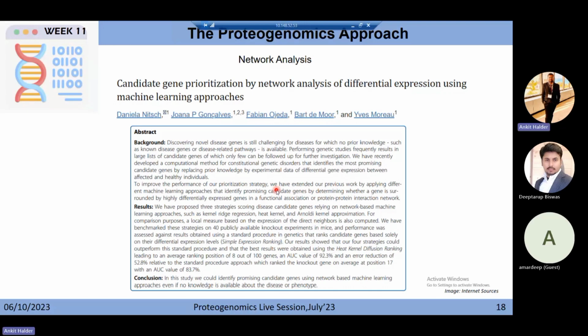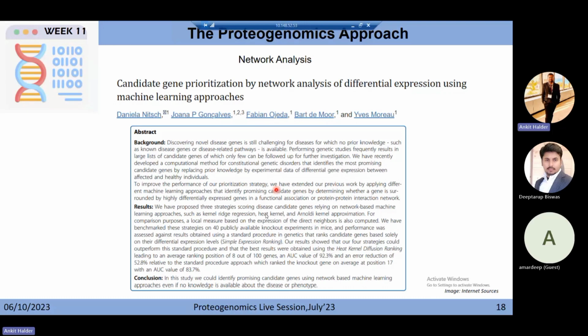Now if your candidate gene is highly surrounded by differentially expressed genes, or is present within a protein interaction network, that will give you the priority.